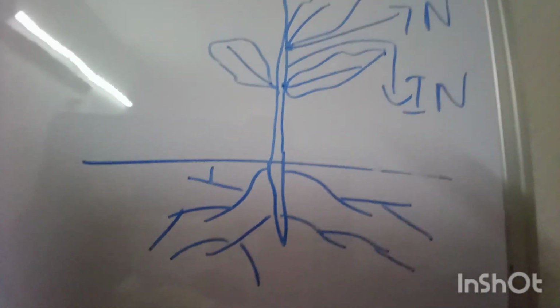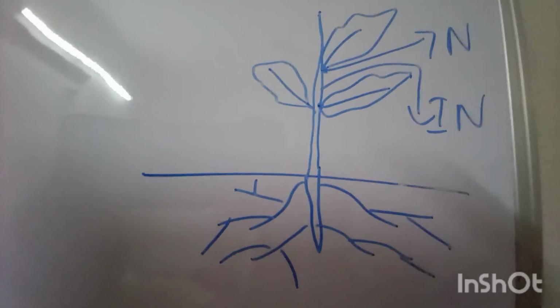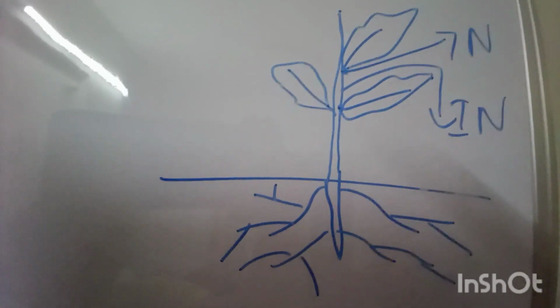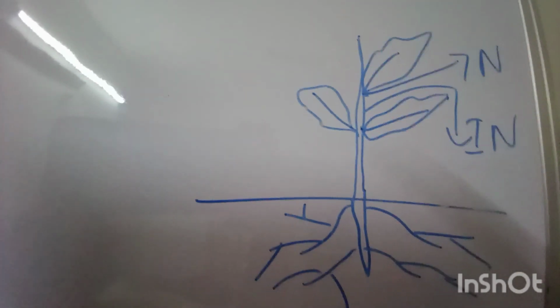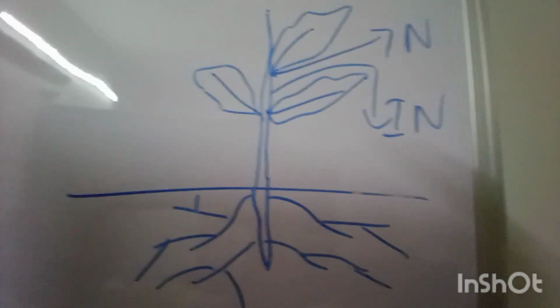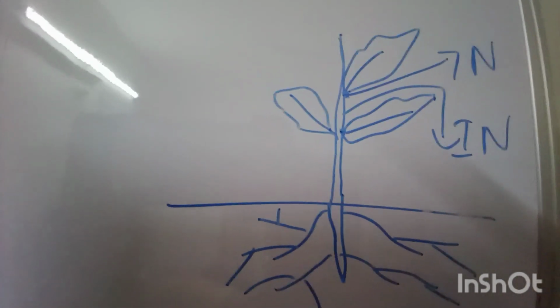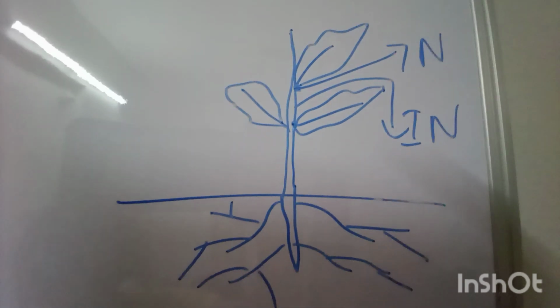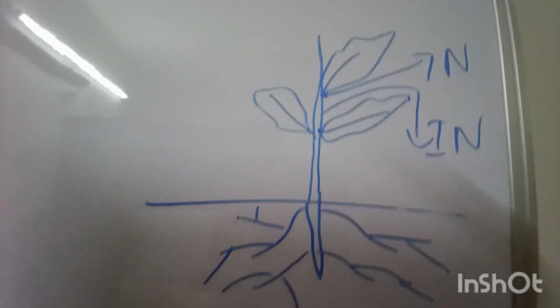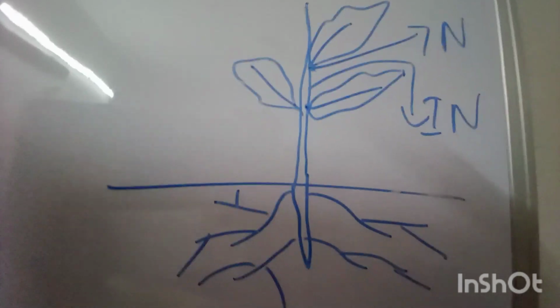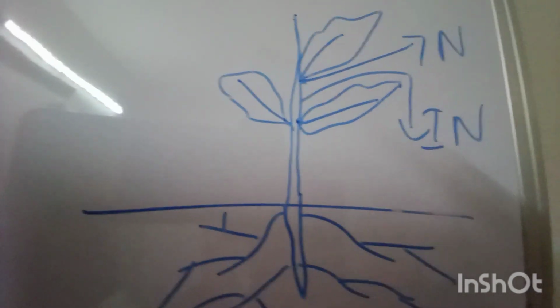I'll give you a small example here. The roots are the manufacturers, and the leaves are the dealers, or maybe not the dealers, maybe the consumers. They are the ones who consume. Now who is between the manufacturer and the consumer? It's the dealer. Dealer is the one coordinating, but there should be something in between which transports the goods.